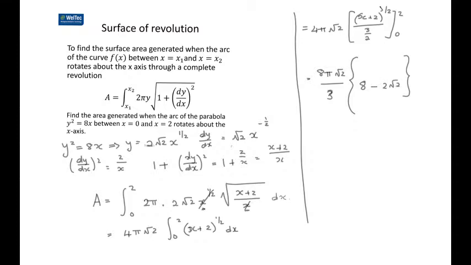Simplifying that on our calculators, it would be approximately 19.5 pi, or approximately equal to 61.3 units.